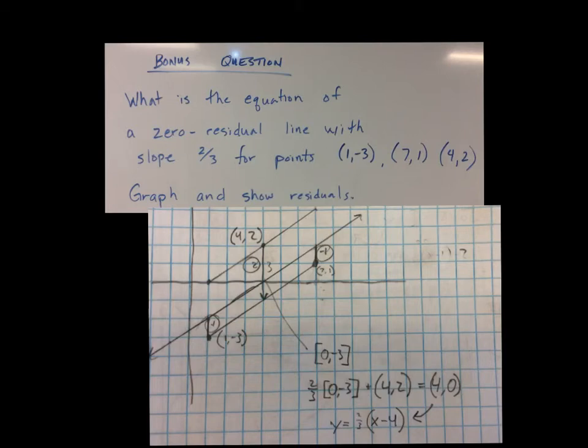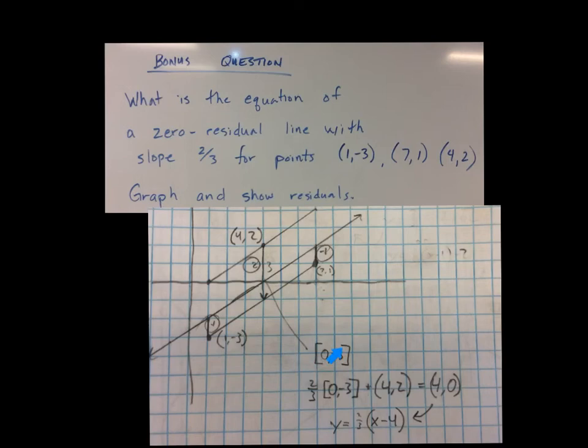And then I see that from (4, 2), going straight down to this line connected between (1, -3) and (7, 1), that distance is 3. And so I make a vector, which is going to be (0, -3), because it's going over 0 and down 3. So that's the vector from (4, 2) straight down to this line here.